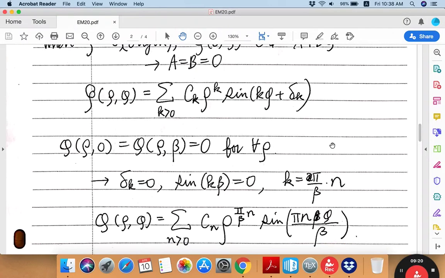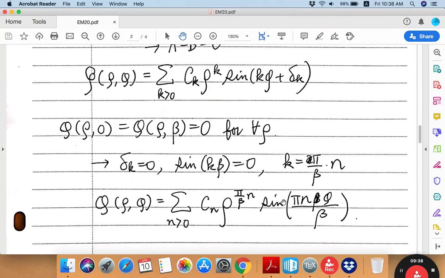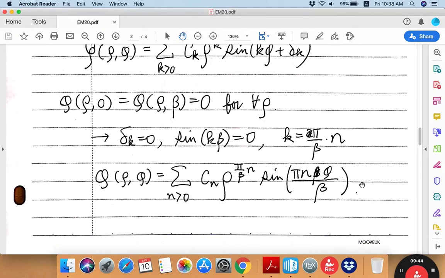And the only way to ensure that happens is if we take this phase angle to be 0 for all the k's, and also require that sine of k beta to be 0 for all the k's. Now, again, we know how to make that happen. We just quantize the k values to be an integer multiple of pi over beta.